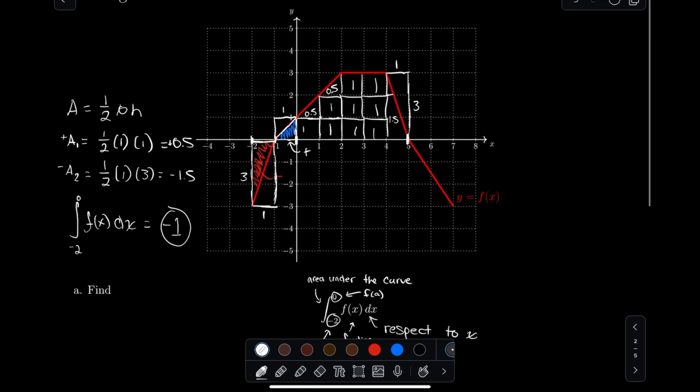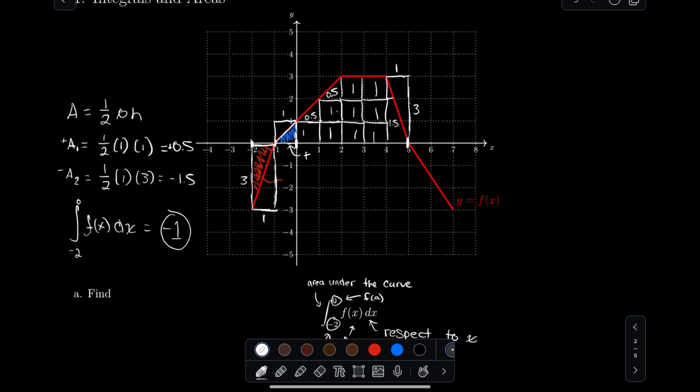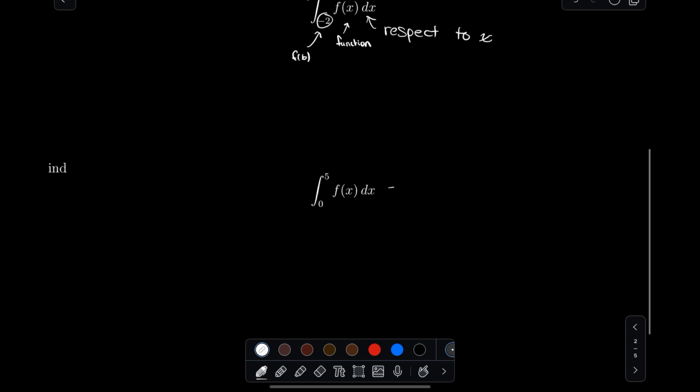So we have 1, 2, 3, 4, 5, 6, 7, 8, 9, 10. These two make up 1, so 10, 11, 12, 12.5. So this would be equal to 12.5.